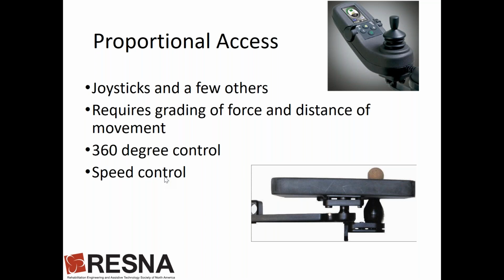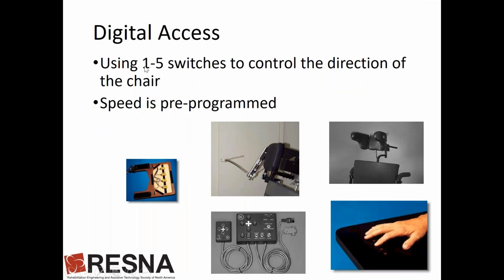It could be gradual. And then digital is where you can use 1 to 5 switches to control the direction, and the speed is pre-programmed. So this is a sip and puff here. There's a switch on the right, a switch on the left, and this probably has a proximity.